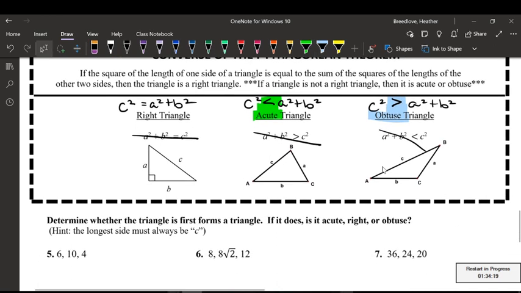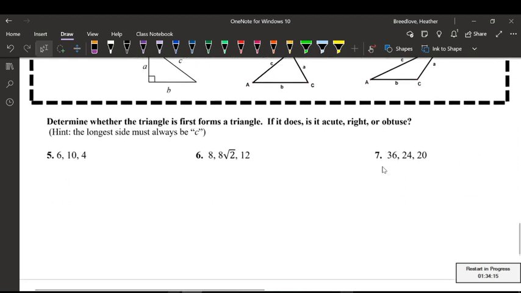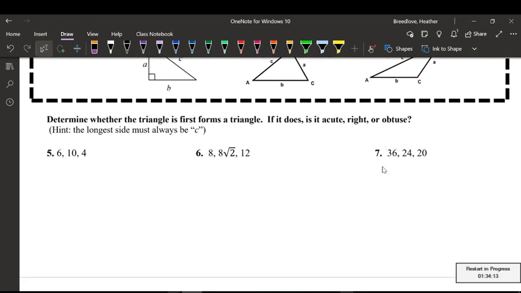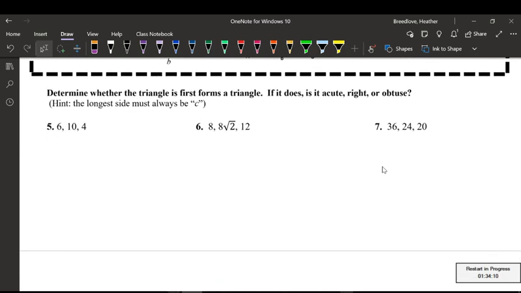So this is, again, a determine situation. Determine whether the triangle is... that doesn't make sense.